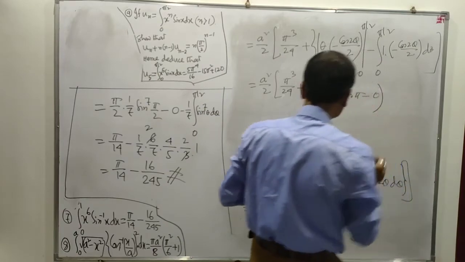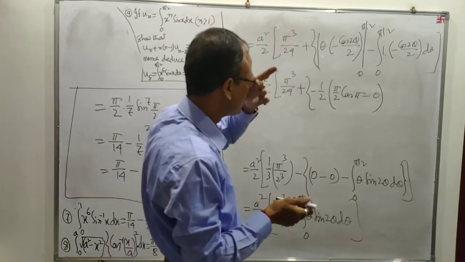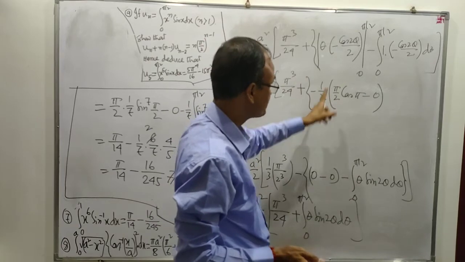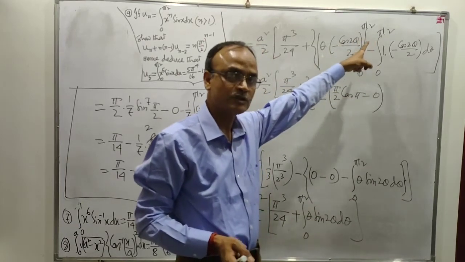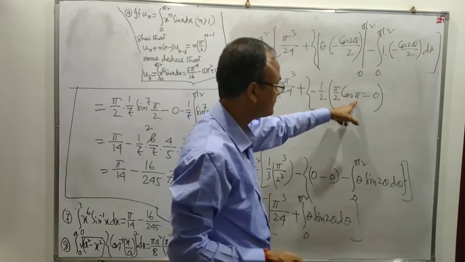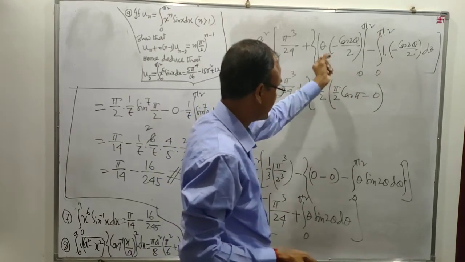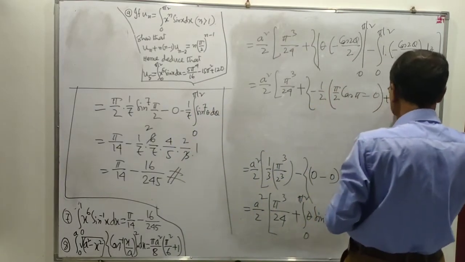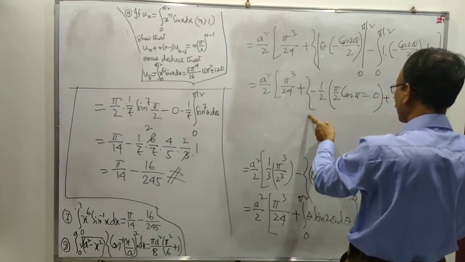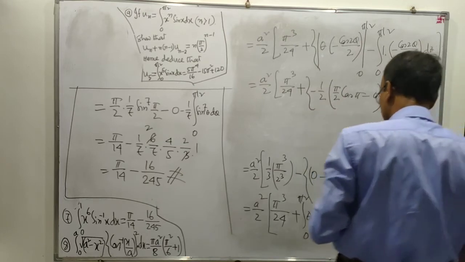Is it? Minus 1 by 2, theta means pi by 2, cos 2 theta means cos pi, minus, here it is 0, therefore it will be 0. Plus 1 by 2. Number 1.